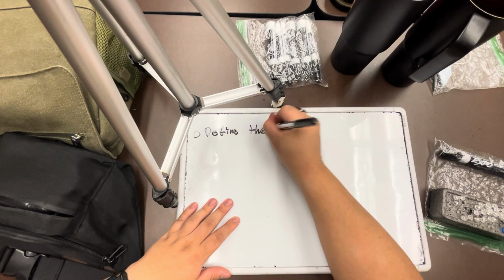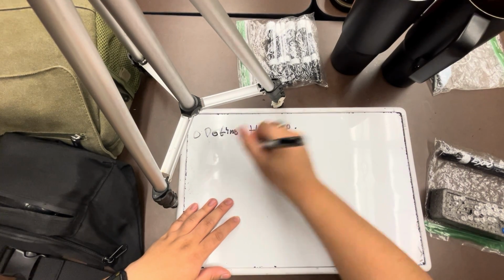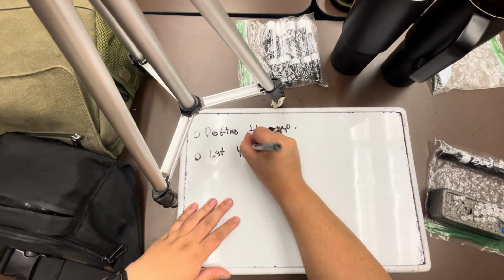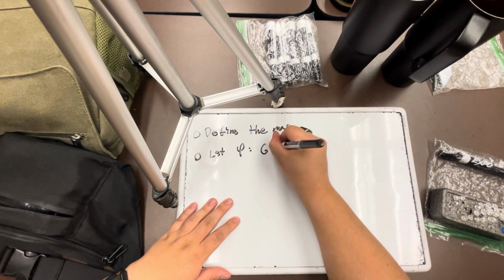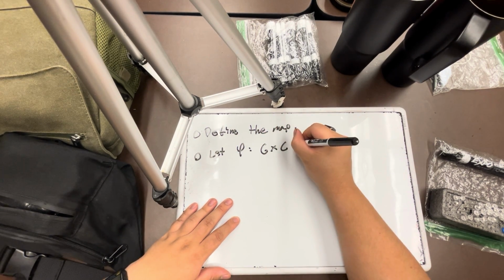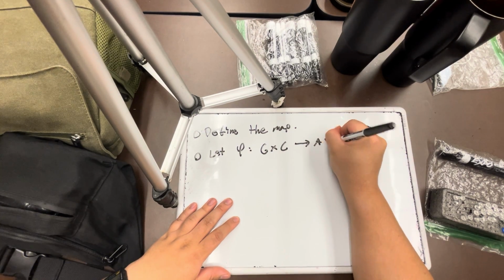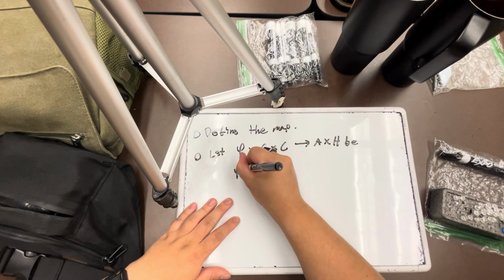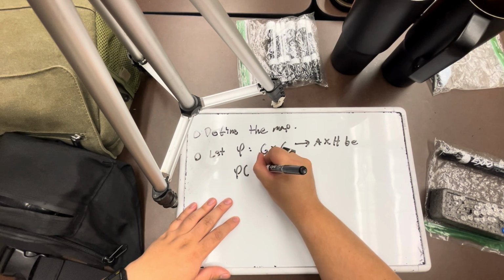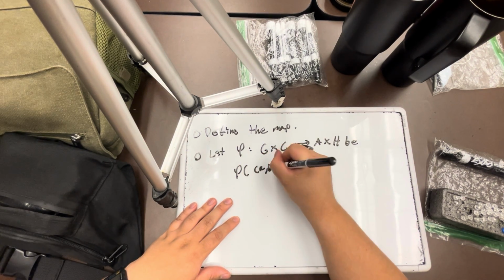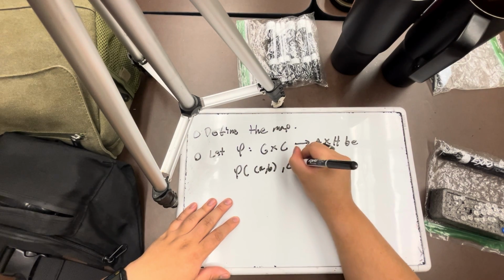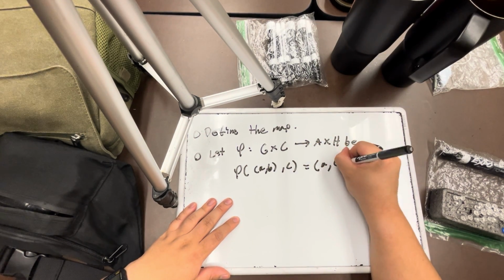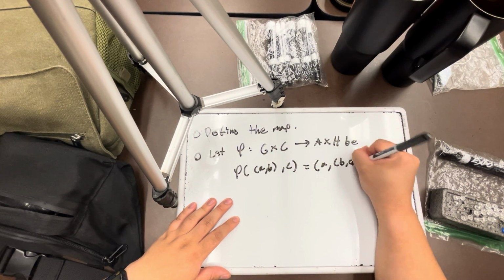So let phi be the map from G cross C to A cross H, be phi of ((a, b), c), which is equal to (a, (b, c)).